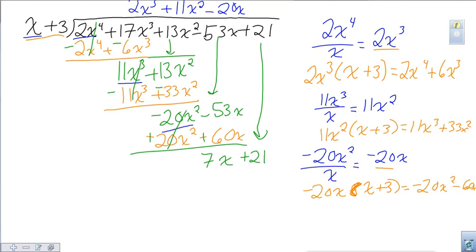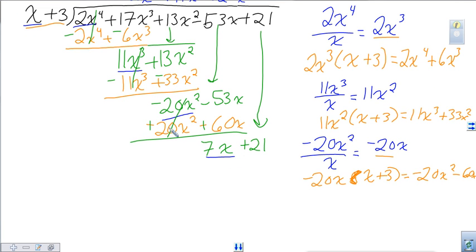Alright. And same deal. 7x divided by x is just 7.